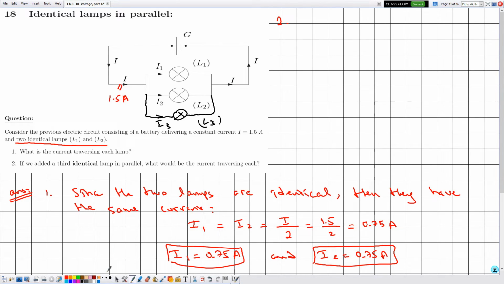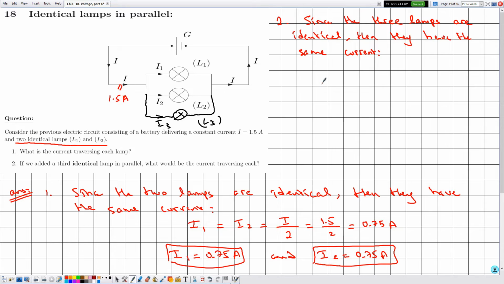Knowing that the three lamps are identical, then let me say, since the three lamps are identical, then they have the same current.